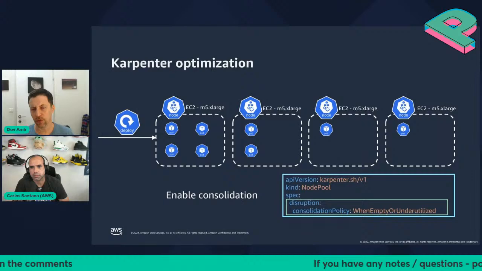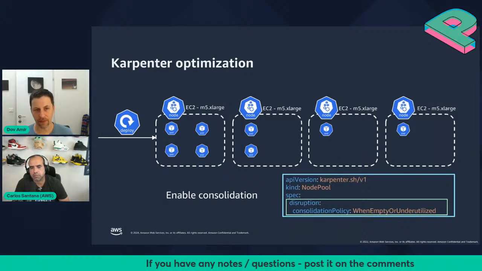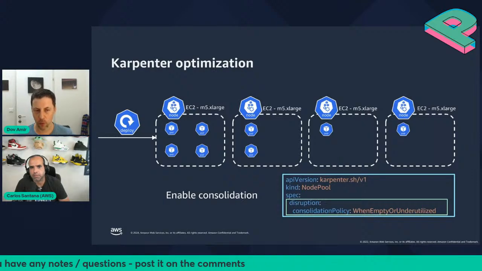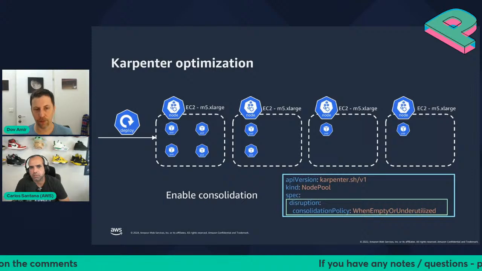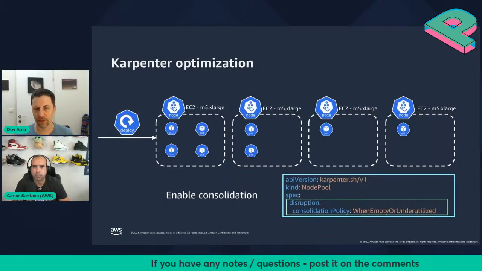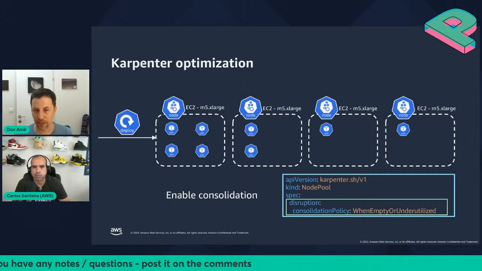So let's talk about consolidation, and let's look at this cluster of 4 instances. Let's assume each instance has 4 CPU. Each pod takes 1 CPU, just for the example. We have one instance that is fully utilized, but there are other 3 instances that are underutilized. We're paying for the whole instance, but just one pod is running on the 2 left instances.